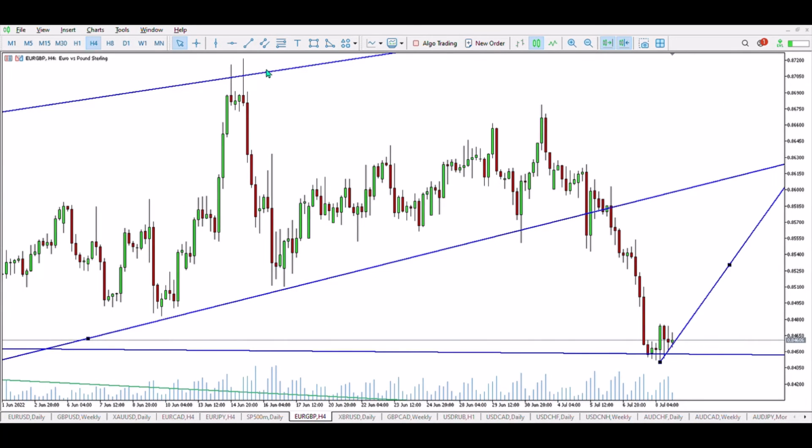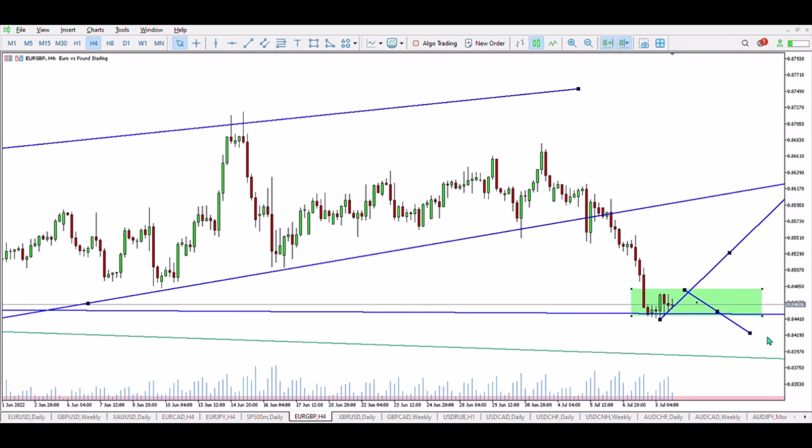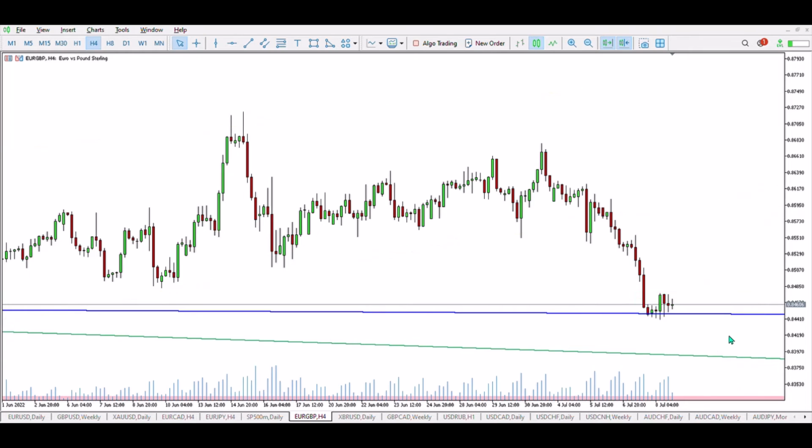And on the 4-hour chart, we have a bullish engulfing, so the price is still in indecision. Then we didn't have a continuation, so we still expect consolidation around this area, and then either a pullback or a bearish continuation to the downside.